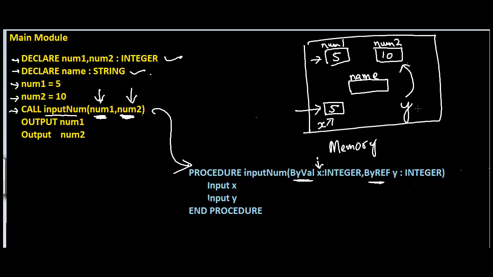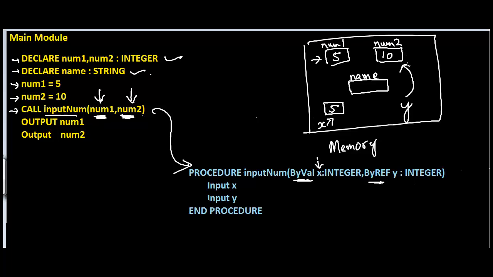But if we modify the value of y, we are going to be modifying this memory location, which is also pointed to by num2. So we are going to be directly affecting num2.